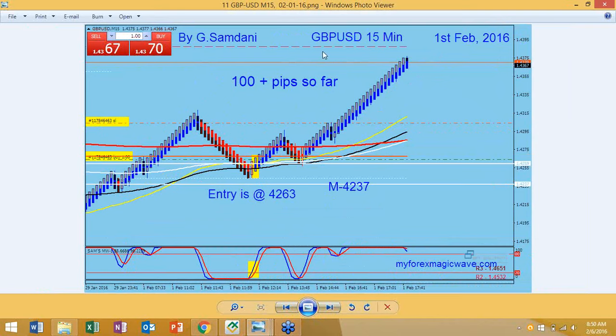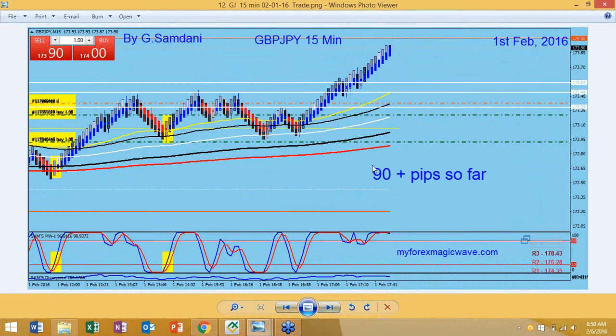So what I had done is pound USD long, and later we also had USD weakness, but it was getting ready to get weak. But with pound strength, pound USD went up on February 1st.